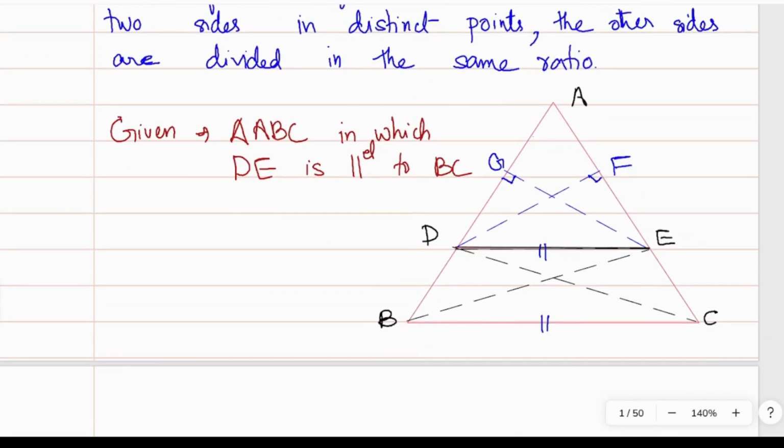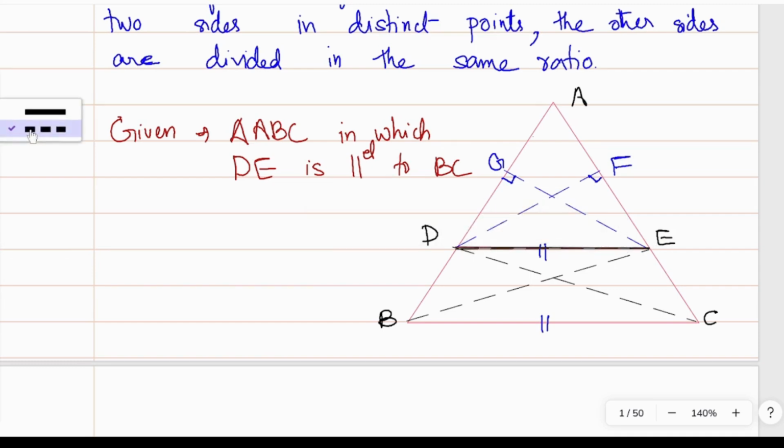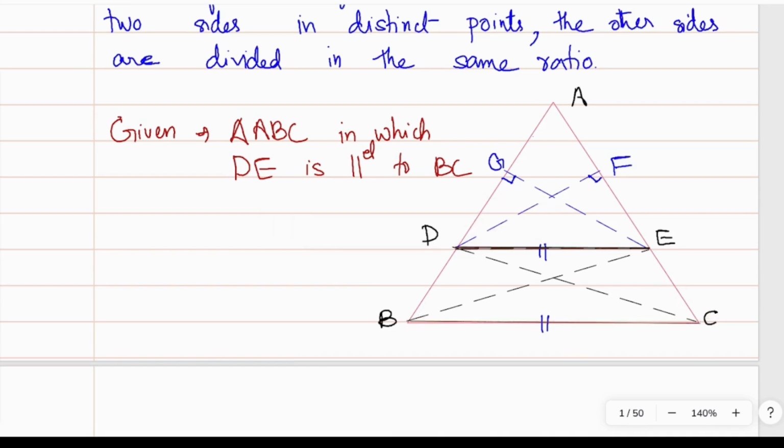If here BC is the line, right? If I am drawing a line called DE, which is parallel to BC. This BC and DE are parallel lines here, right? When I draw this DE parallel to BC, what did it do?